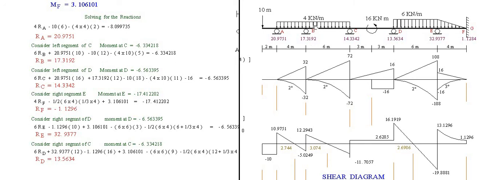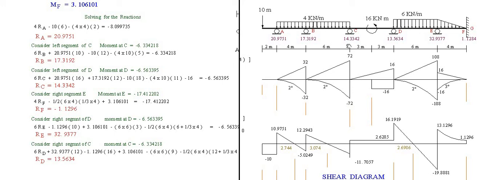Okay, solve for RB. RB times 6 plus the reaction at B given as 20.9751 times 10, moment at C. Then concentrated load of 10 times this distance as 12, minus the uniform load of 4 times 10 times 5.